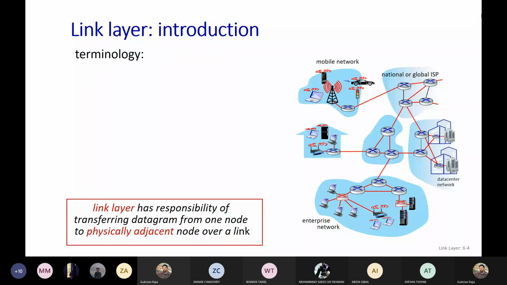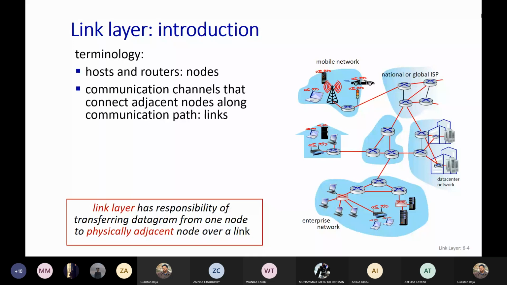These are terminologies. As I already told you, we will be calling hosts and routers nodes in this chapter's context. Then the communication channels that connect adjacent nodes along communication paths, we will call links. These terminologies are very specific to this chapter. The channel can be anything: wired or wireless.